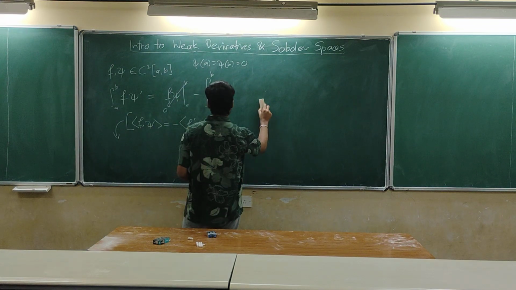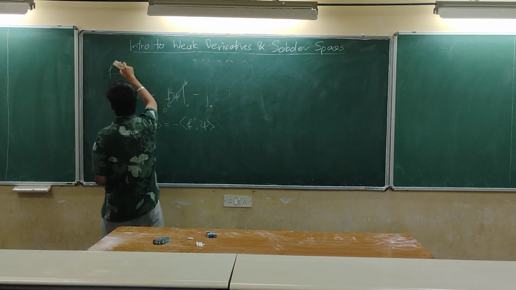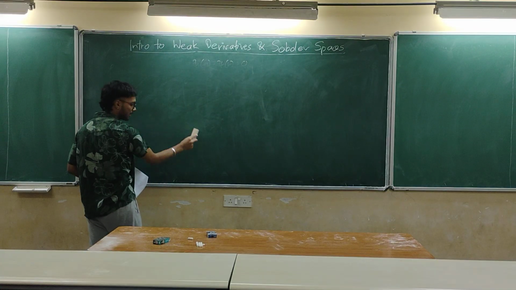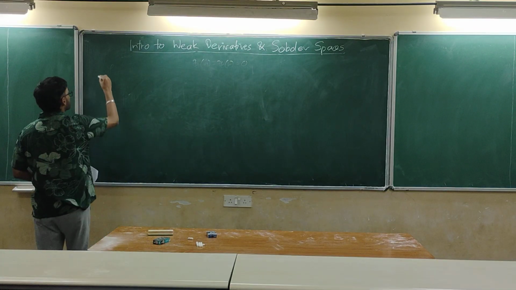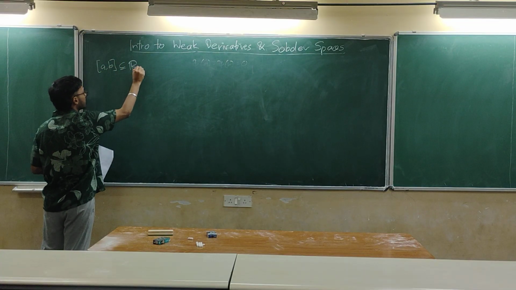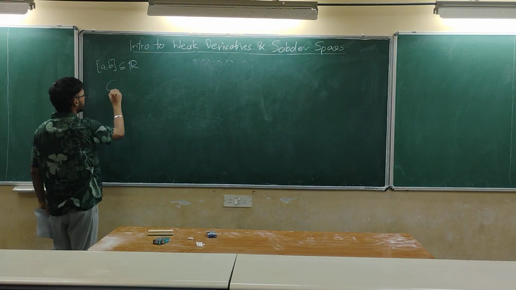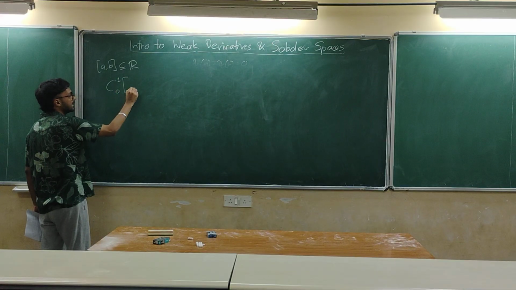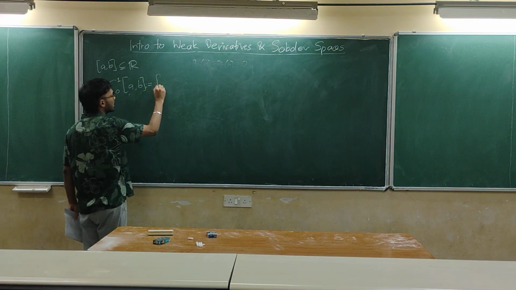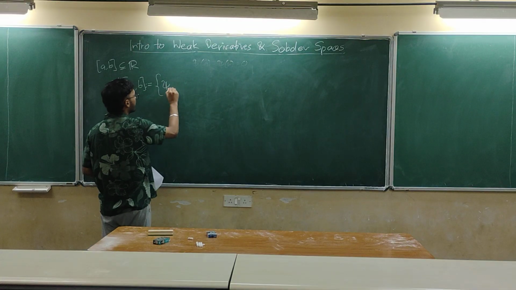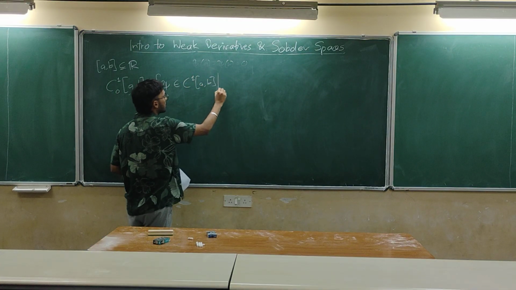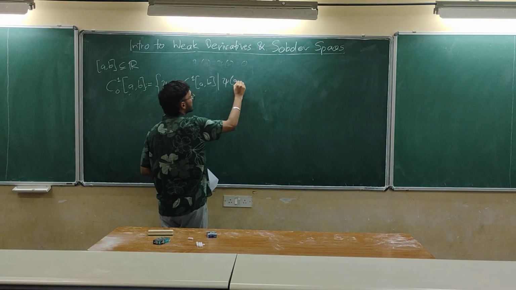So to extend this formally, let [a, b] be a compact interval in R, and we denote this space C01(a, b) to be all those C1 functions which are clamped at the endpoints.